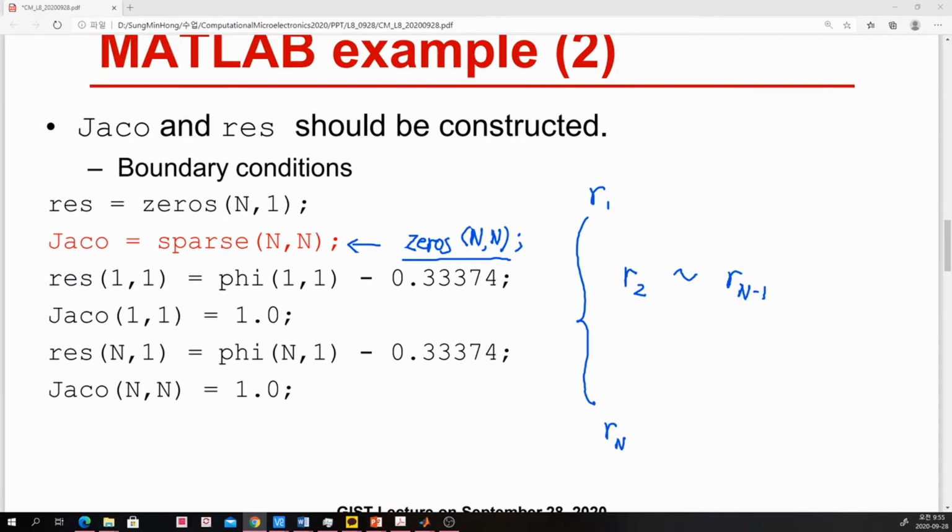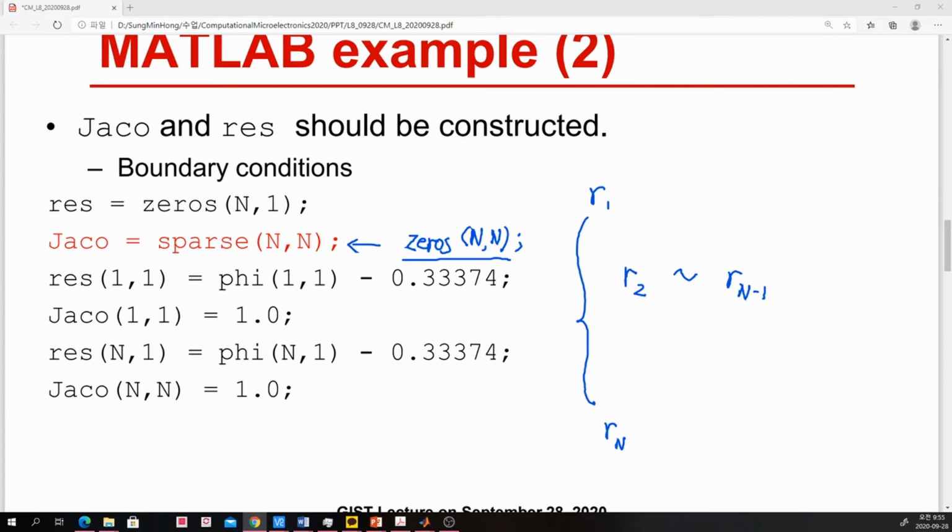If you have zeros n comma n, internally MATLAB or our system memorizes n by n elements. So now we have a full matrix.